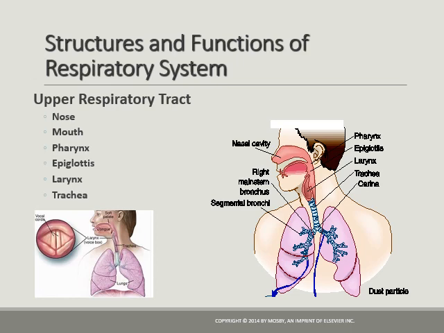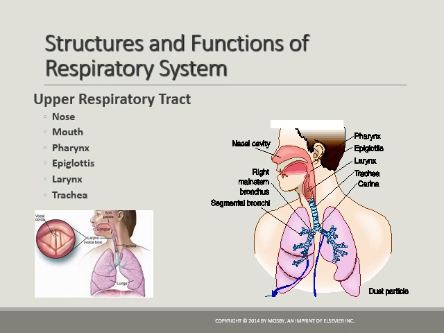The nose is also going to give protection to the lower airway. It warms and humidifies the air. It filters out small particles before they enter the lungs. Your olfactory nerve endings are located in the roof of the nose, and that's responsible for the sense of smell.